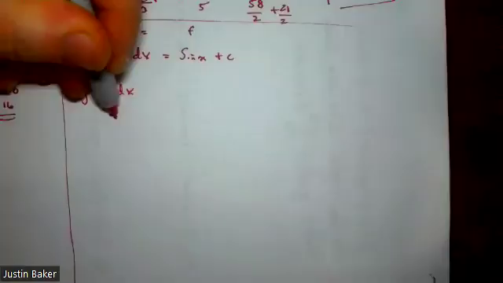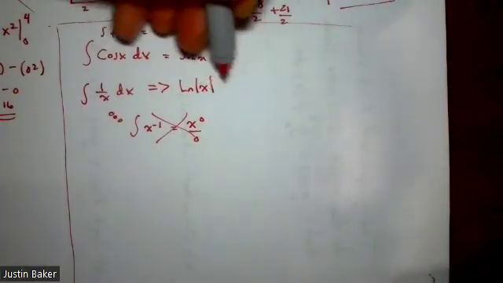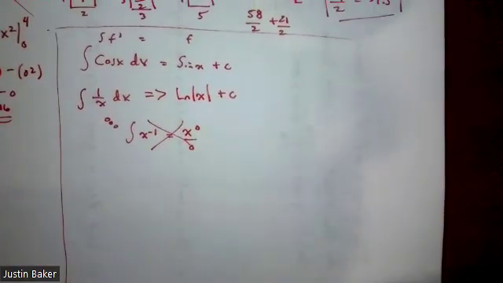Now, you might be thinking to yourself that that was x to the -1, but remember, we can't do that because when you add 1 to the power and divide by the power, that becomes undefined. So this one was a special case, and that's when we came up with natural log absolute value x plus c.